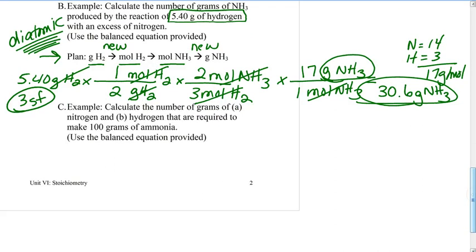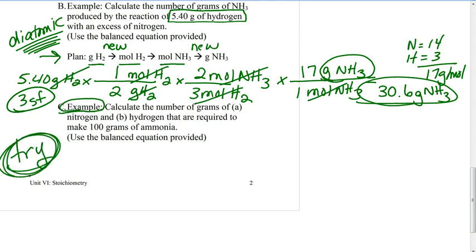Right? All right. So then another example has you calculate the number of grams of nitrogen and hydrogen that are required to make 100 grams of ammonia. And you want to use the same balanced equation provided. This you're going to try. Do not leave it blank.